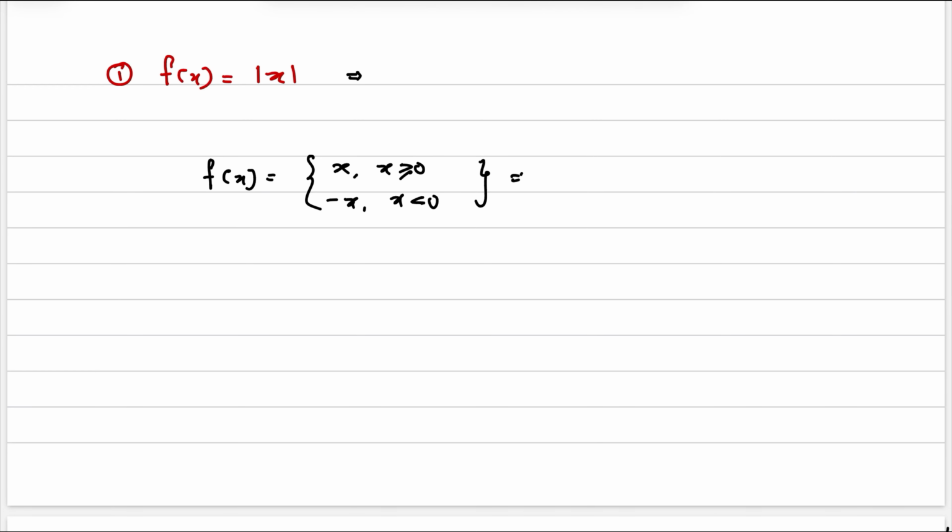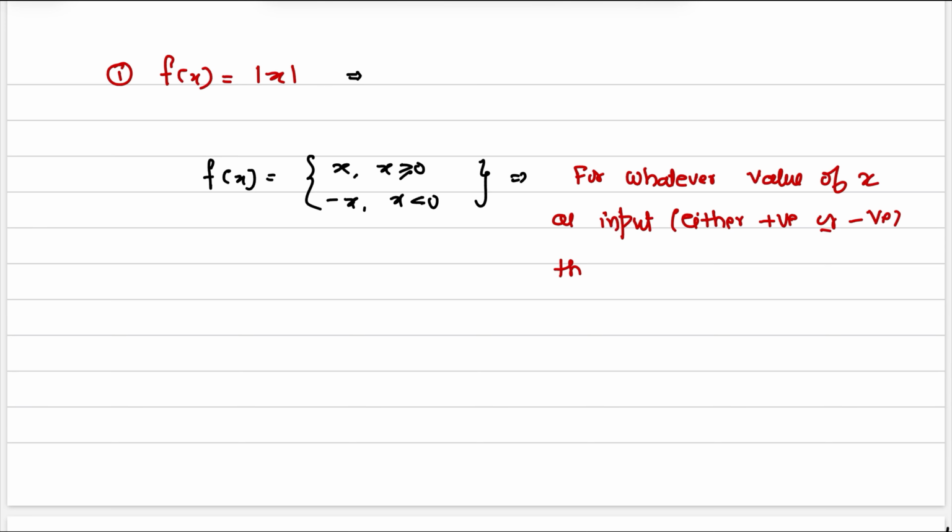This implies that for whatever value of x as input, please try to understand, either positive or negative, the output is always positive, except for 0, because 0 does not have a positive or negative value.